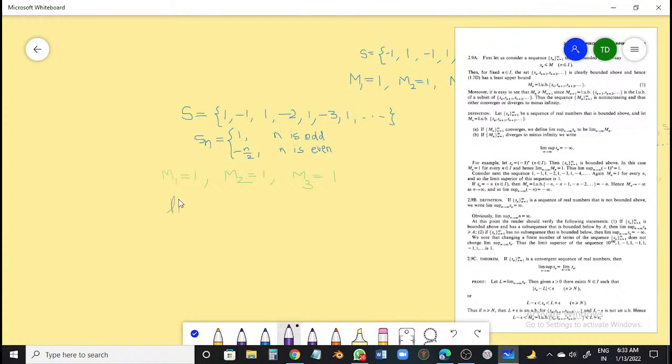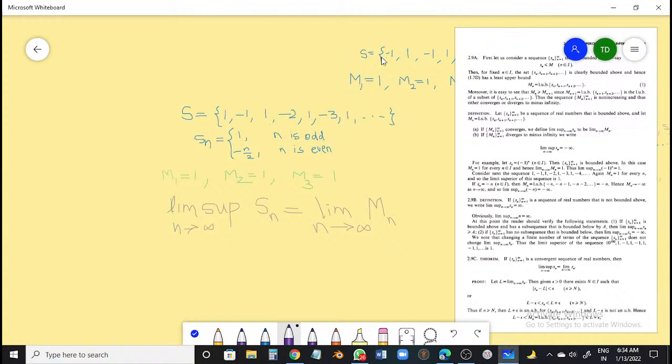So what we got: lim sup of Sn as n goes to infinity is the same as the limit as n tends to infinity of this Mn, and what we are finding here is that Mn remains the same, though the alternating terms are varying.